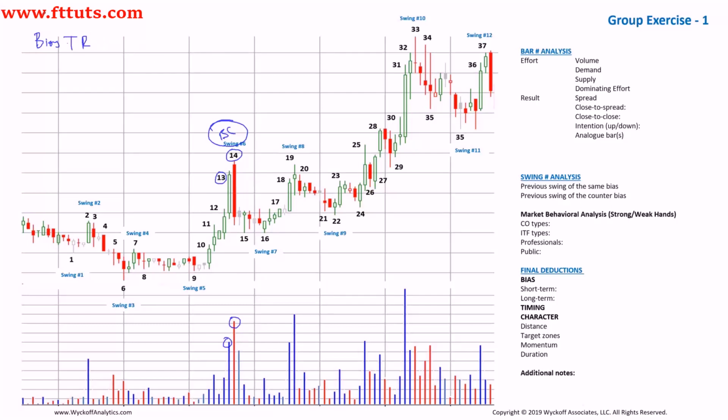Because we said that bar number 14 looks like a change of character, and that suggests a trading range. So at this point, bar number 14 and bar number 13, could we speculate what bias we could have? Maybe to the downside due to the high volume on bar 14.